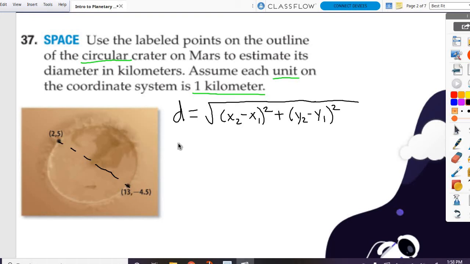So remember that distance equals the square root of x2 minus x1 quantity squared plus y2 minus y1 quantity squared. So I'm going to go ahead and use my 5 as my x2. So I would have 2 minus 13 squared plus 5 minus a negative 4.5 squared.